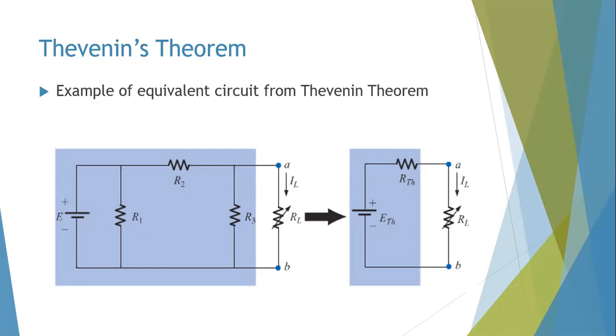You have only one voltage source and one series resistance with your load. Now it's very straightforward to do any analysis you want. And you can cross-check that based on the examples we do. If you analyze the performance of the circuit, let's say voltage across AB, with the original circuit, you will get the same answer, of course, with the Thevenin equivalent circuit. That's the whole purpose.